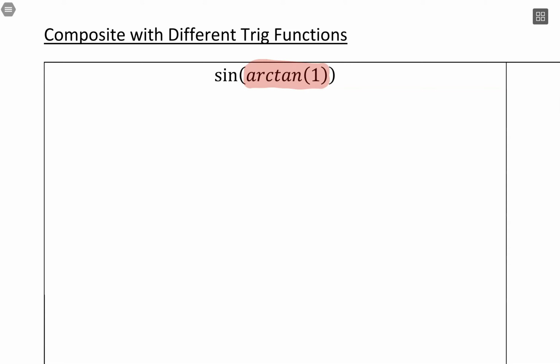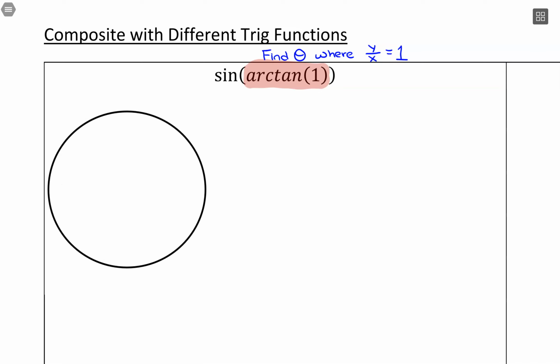So inverse tangent, we're looking to find an angle measurement, and we're looking for the location where this ratio of y over x is equal to positive 1. Now, in terms of our unit circle, we talked about how that's going to occur at an increment of pi over 4. I'm working with inverse tangent, so I need to be in this range of negative pi over 2 to positive pi over 2.